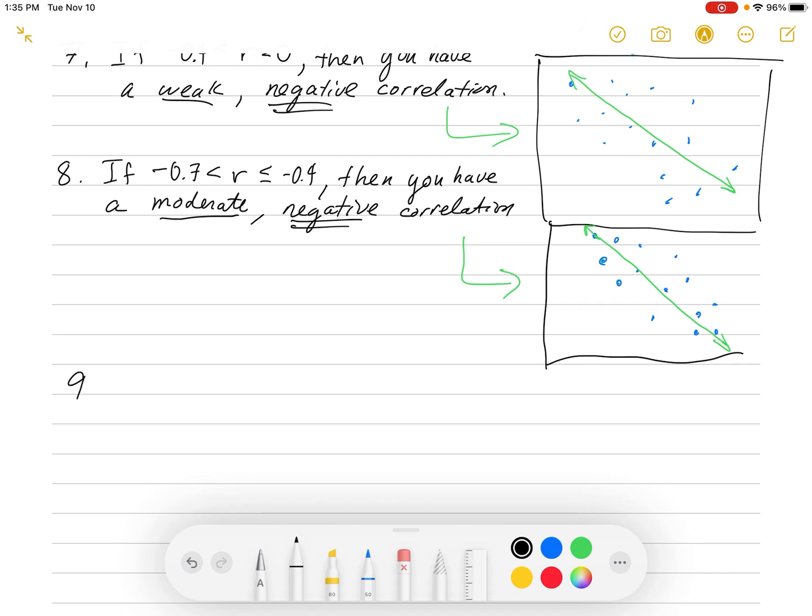I need to make some space for my next one. Number 9, I'm going to put it way down here. Number 9, what happens if R is less than or equal to minus 0.7 and greater than negative 1.0? Then in this case, you have a strong negative correlation.